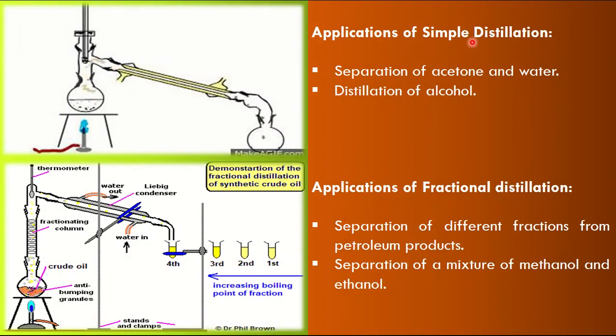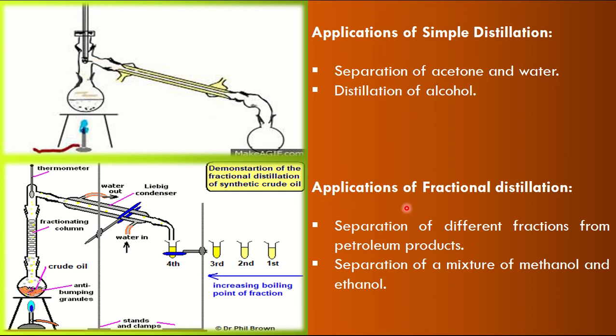Applications of simple distillation: it is used to separate acetone and water, which have a large difference in their boiling points, and it is most commonly used for the distillation of alcohol.